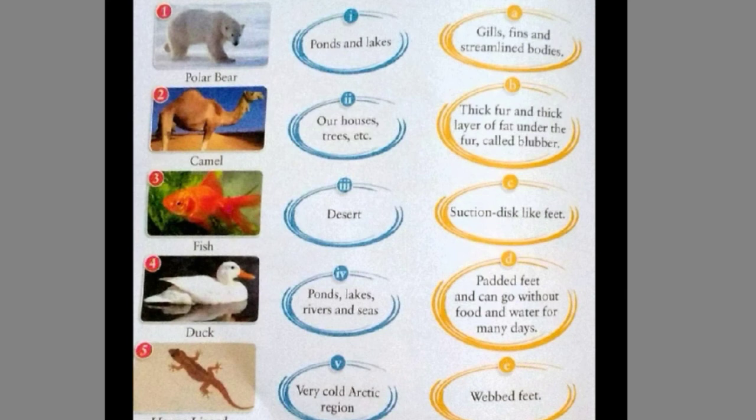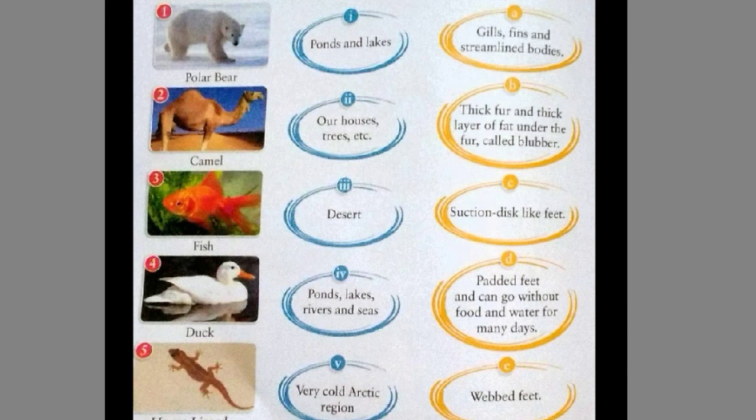And in the third column, adaptations that are required to live in that environment are given. So what we have to do here, just see with the first example. Our question number 1 is polar bear. So polar bear lives in what kind of habitat? Just find out from the middle row. It is given in point number 5, that is very cold Arctic region.